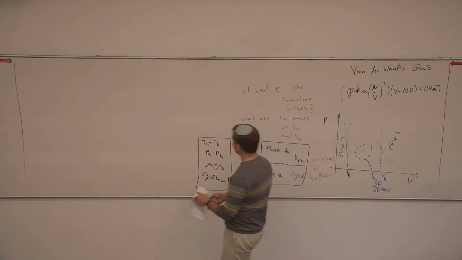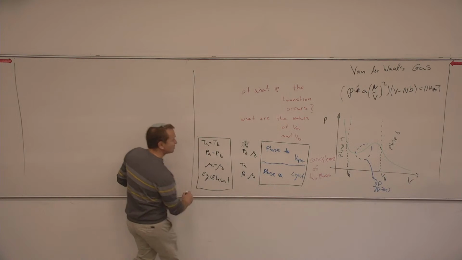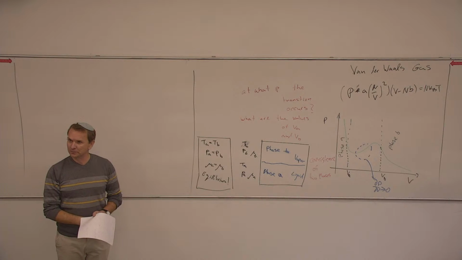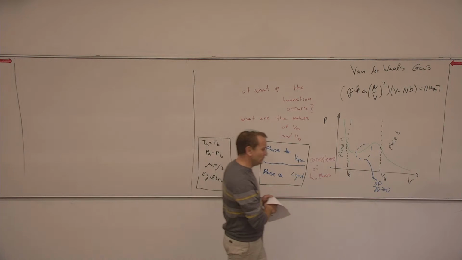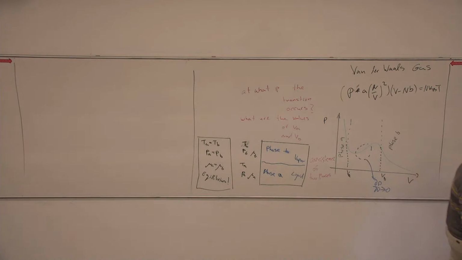So where does it lead us? It leads us already to some sort of an equation that we can use. Now, as I told you yesterday, we don't want to use energy. Why don't we want to use energy for this? Because those lines where I'm working are isothermal lines.